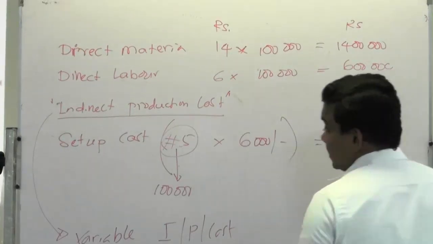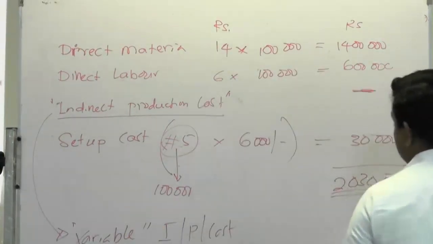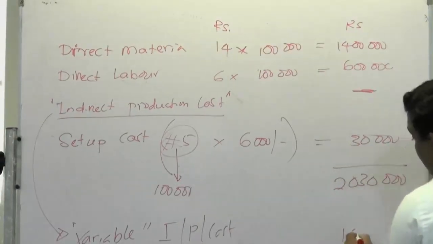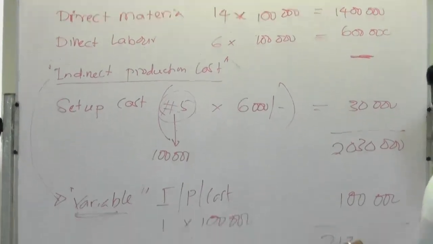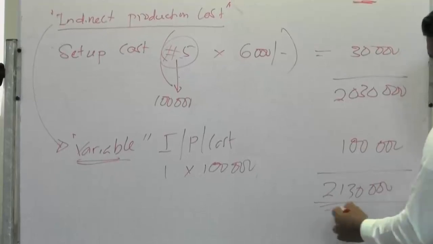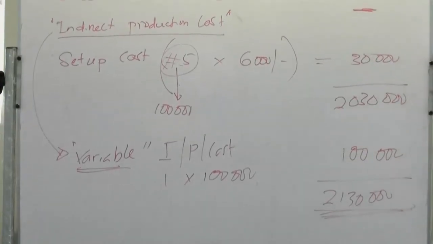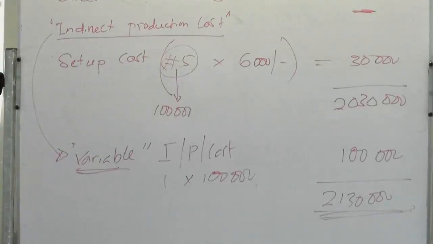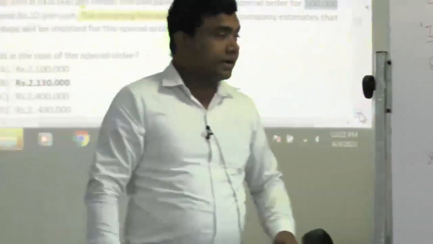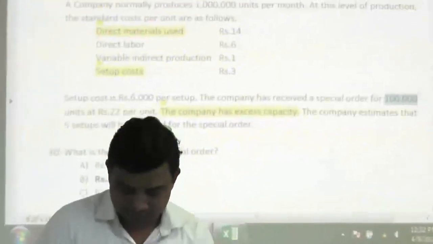This needs to be considered since it is variable. You have additional cost of 100,000 to the production. Therefore 2.13 million is the total production cost. Now you can see the answer B clearly mentioned 2.13 million is the total production cost of the job.